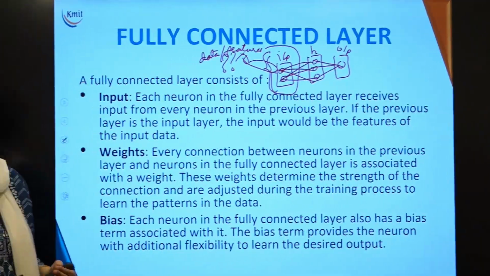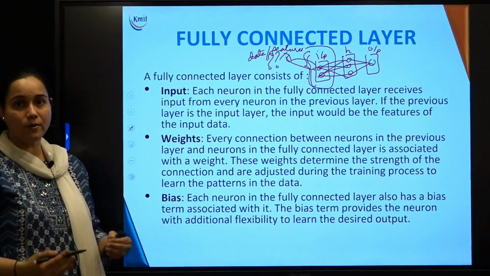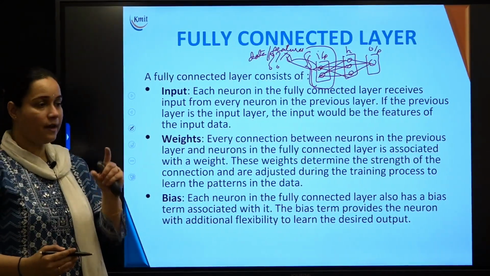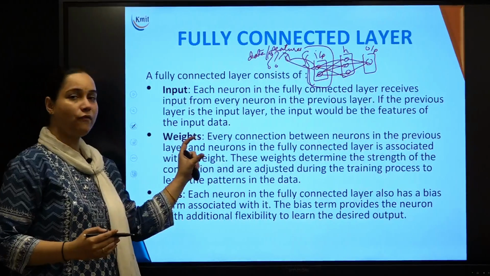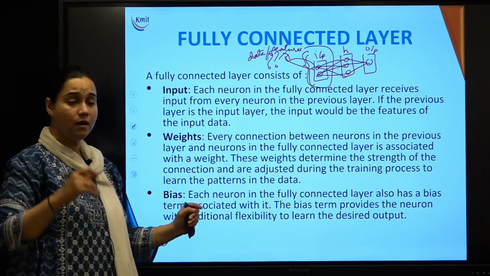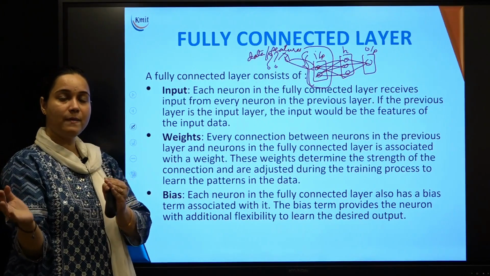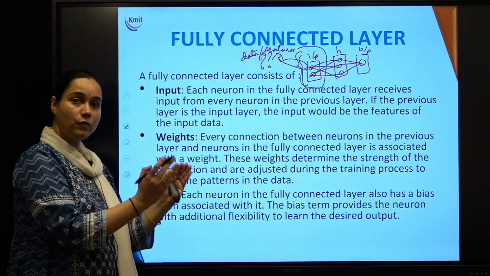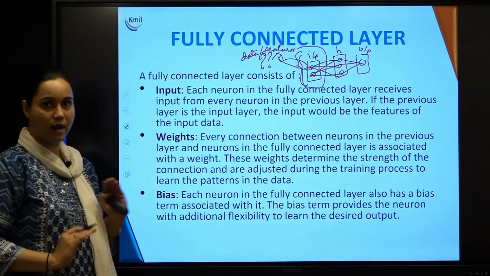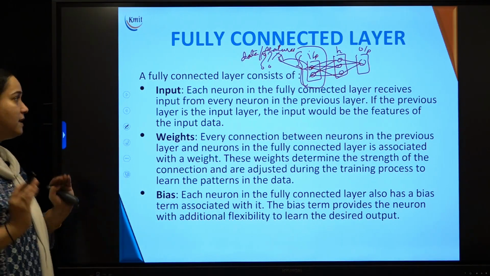What are the features of your data that you are giving to the model to train? So if it is an input layer, the previous part of it will always be features of data. Apart from the input layer, whatever other layers are there, you will be having the previous neurons fully interconnected to that. So that's what gives you the structure of a dense layer.